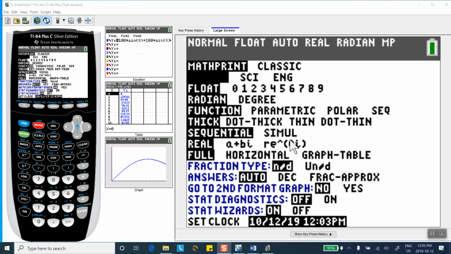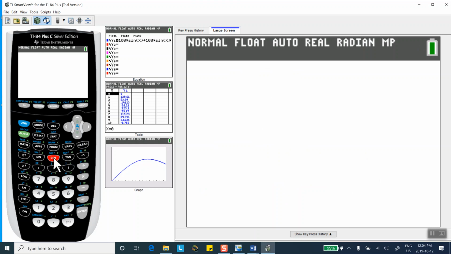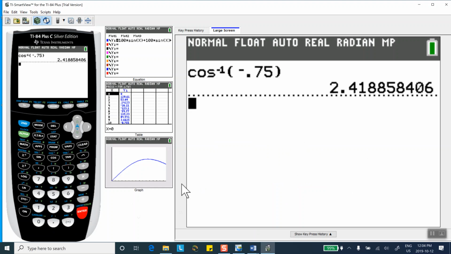Okay, so let me see. This is on radian as we wanted it, and now we're going to put the cos inverse, second function, cos inverse right there of negative, there's your negative 0.75, and the answer is going to be in radians.